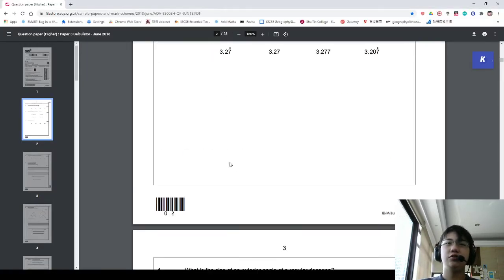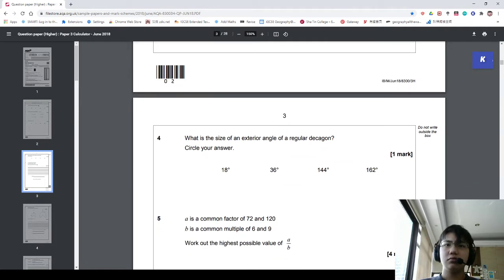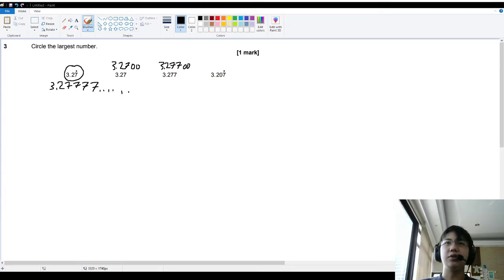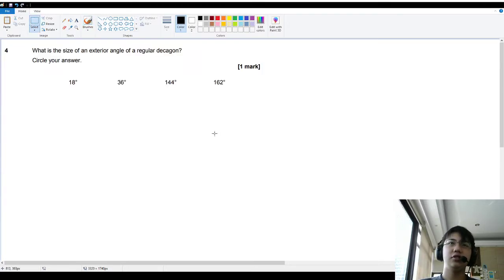Moving on to question 4, we need to calculate the size of an exterior angle of a regular decagon, and we need to circle our answer. Now this one is going to be a bit more challenging and requires a bit more maths.